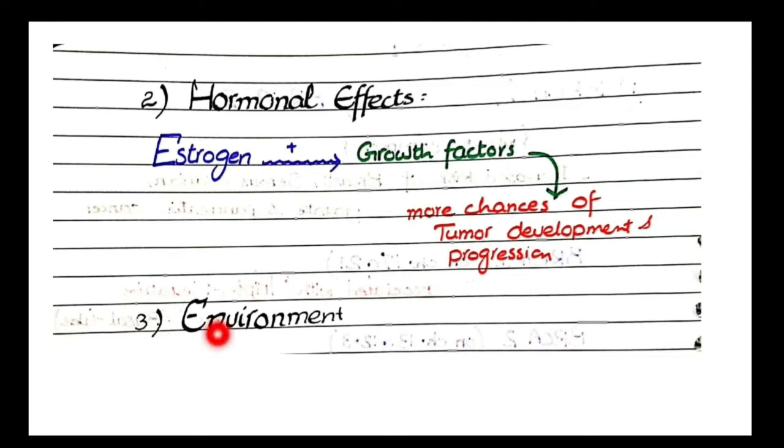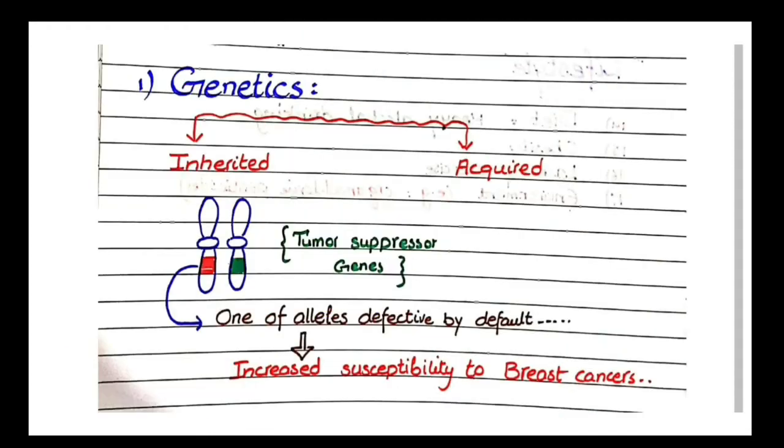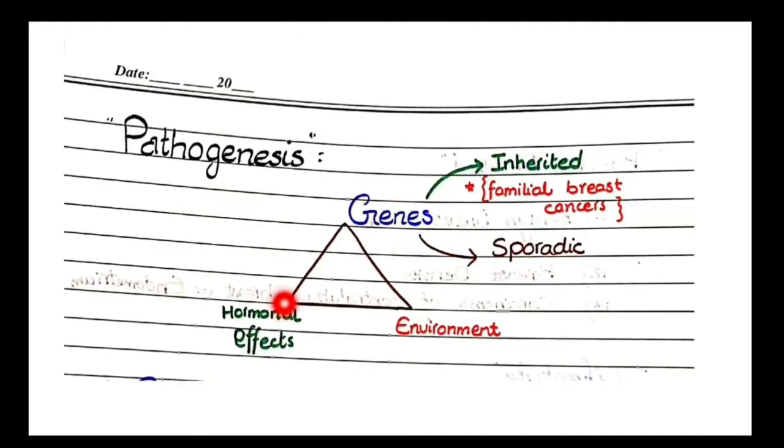And the third is the role of environment. We have discussed that heavy alcohol drinking is associated with breast cancer, obesity is associated with breast cancer, and some chemicals like organochlorine pesticides are related to breast cancer. So these three, genes, hormonal effects and environment, interplay to result in the pathogenesis of breast cancer.